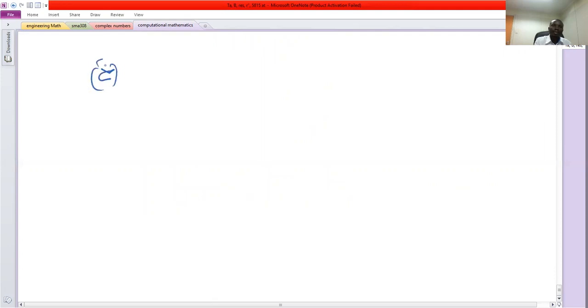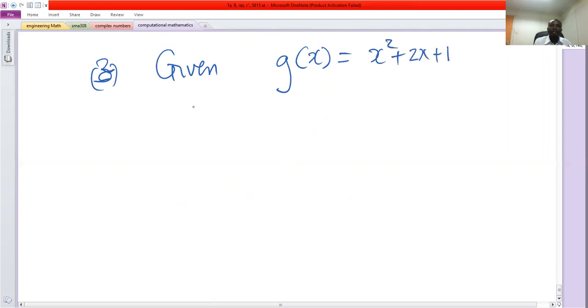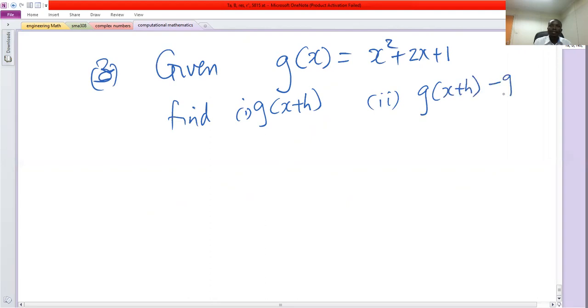And then C on number 3, given that g of x is given by x squared plus 2x plus 1, find: number 1, g of x plus h; number 2, g of x plus h minus g of x; and number 3, g of x plus h minus g of x divided by h.